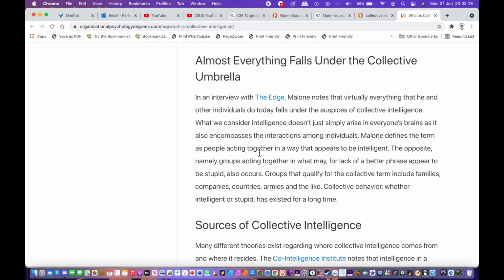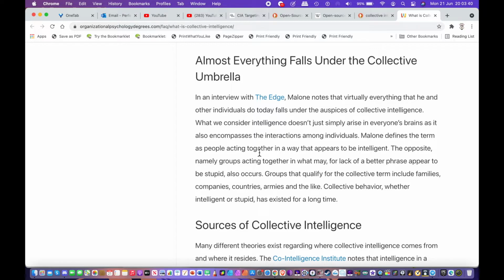What we consider intelligence doesn't just simply arise in everyone's brain, as it also encompasses the interactions among individuals.